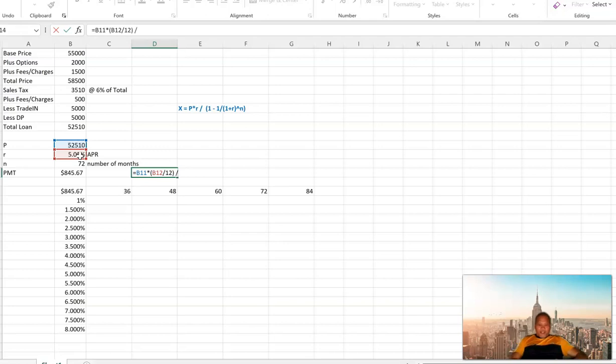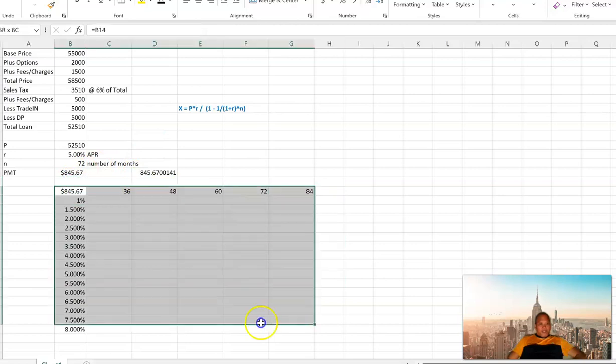Then we divide everything by 1 minus 1 over 1 plus R, this over 12 again, to the power n. As you can see, it's the same if you calculate it by hand.